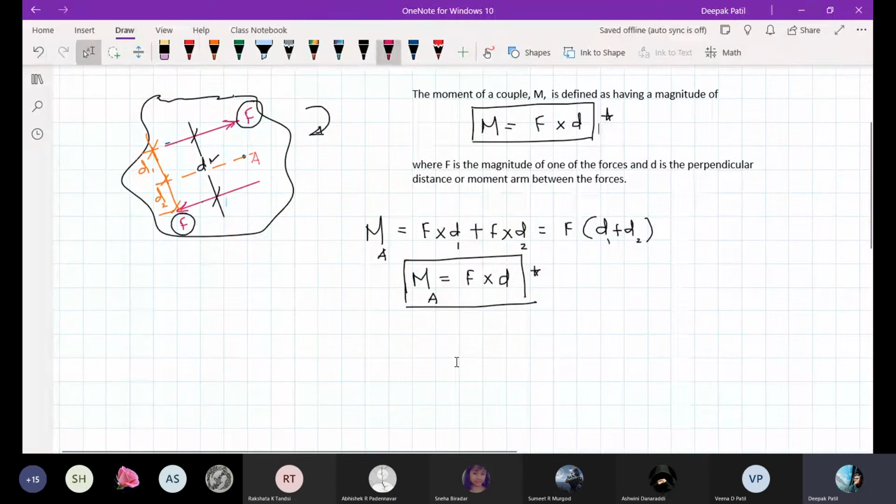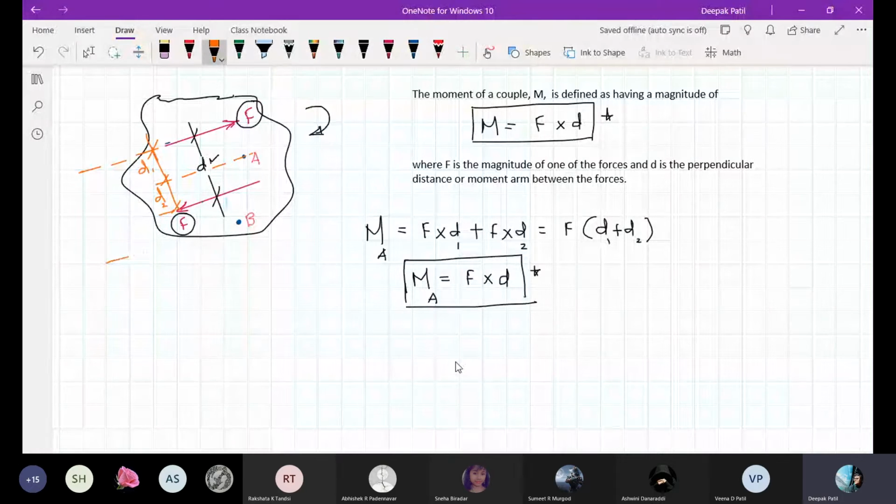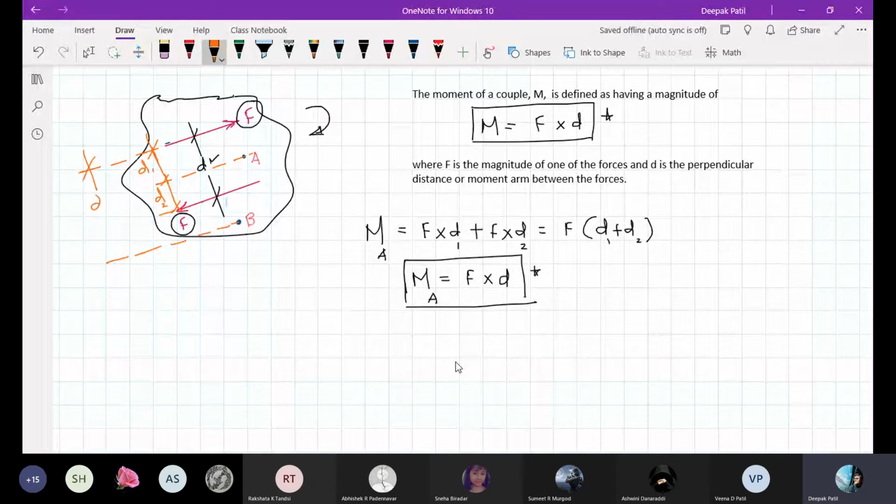Now let me take point B somewhere here, and let me mark the distances like this. Let this distance be D3 and let this distance be D4, because D1 and D2 are already used.